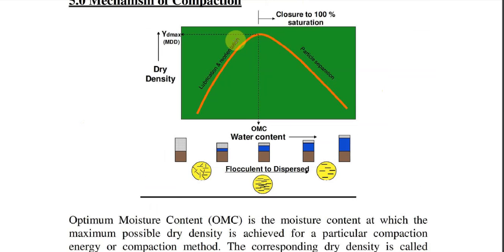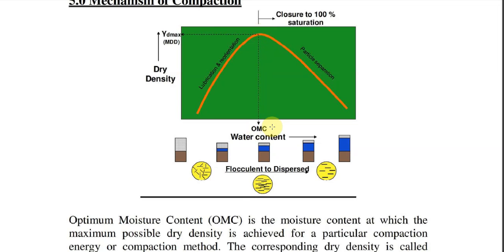So this is my point, and at this point, maximum dry density is achieved, and the corresponding water content is called the optimum moisture content. So, maximum dry density of a soil can be achieved at optimum moisture content.